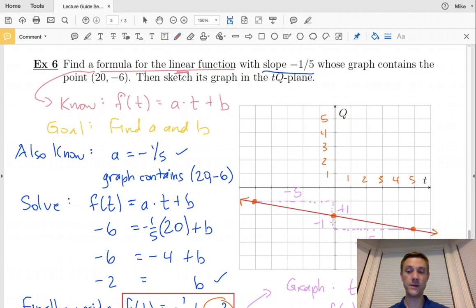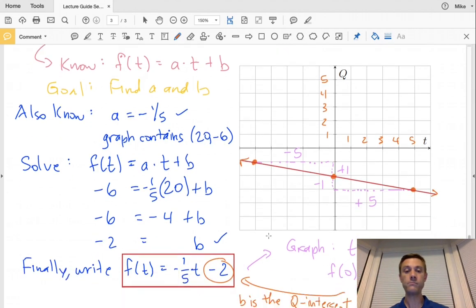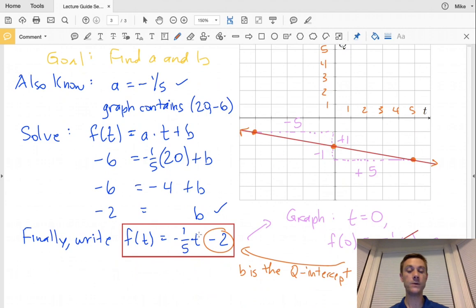It's really not falling all that rapidly, right? It only goes down 1 unit for every 5 units over. So (20, -6) could plausibly be on this graph. You could also check that if t were equal to 20, the output of this function would be -6, and I believe it would be.